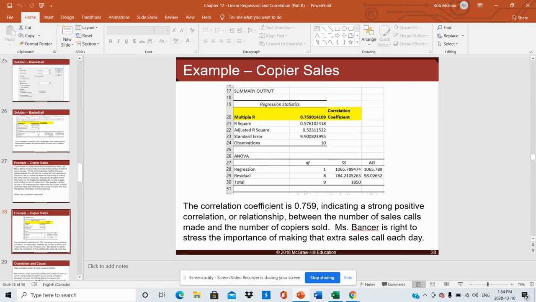So Miss Banser is right to stress the importance of making that extra sales call each day. It's not as strong a relationship as we saw in our basketball example, but still a pretty strong relationship here.